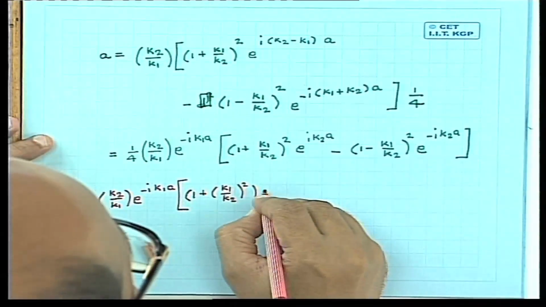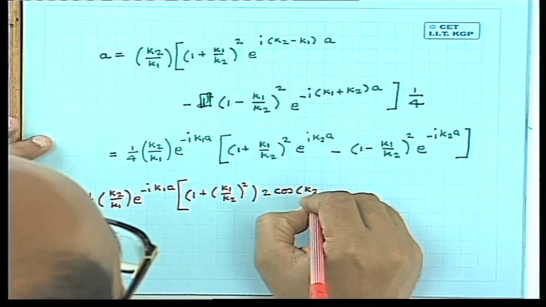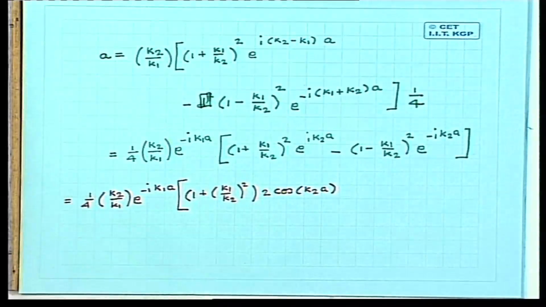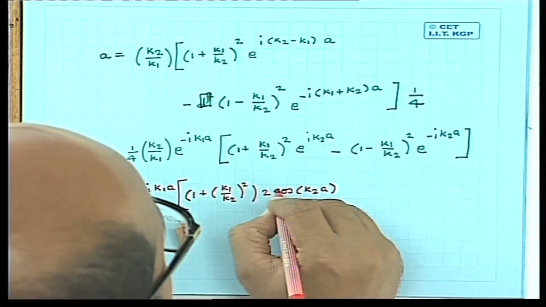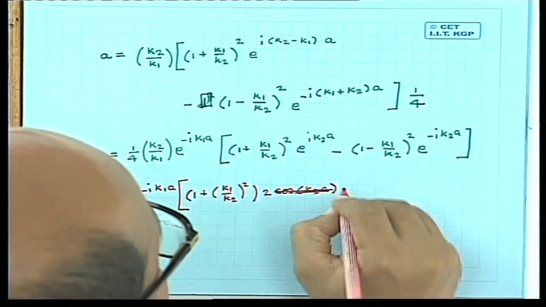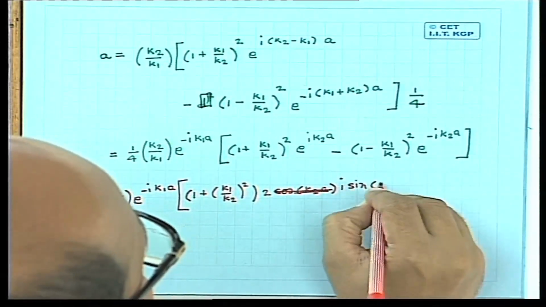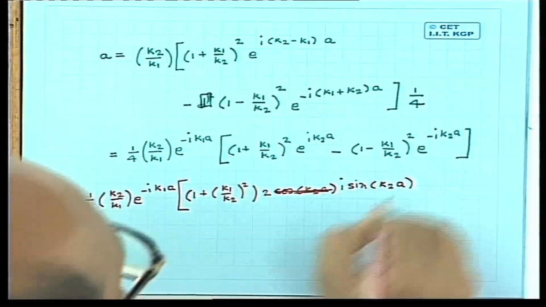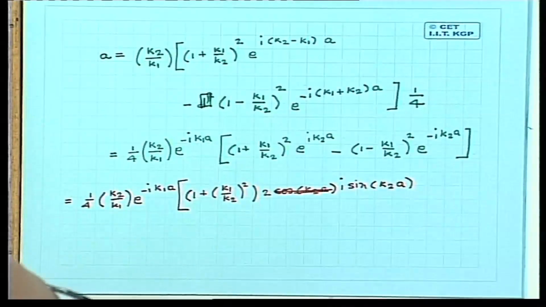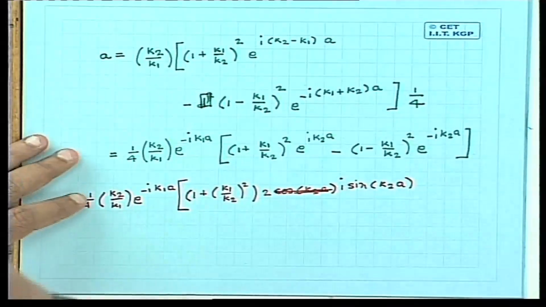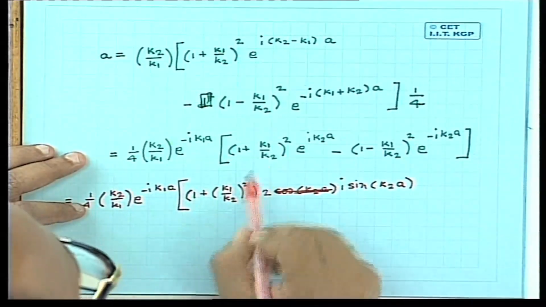So this will give me 2 cos k2a, oh sorry, sine. This will be sine, sorry, the minus sign there. So this will be minus, and I will have I sine k2a, this minus this, and I will have another term which is 2 k1 by k2.